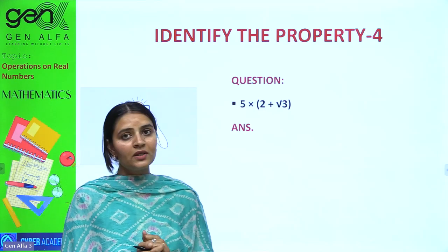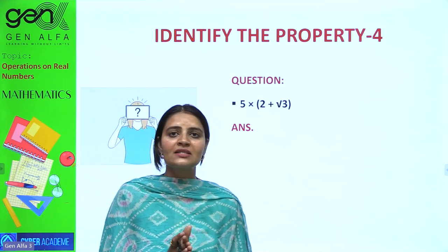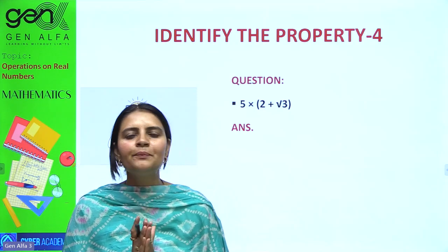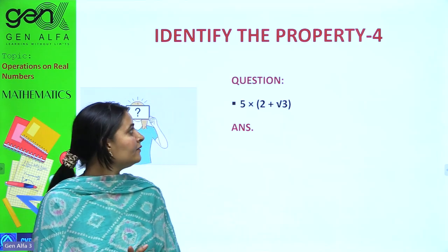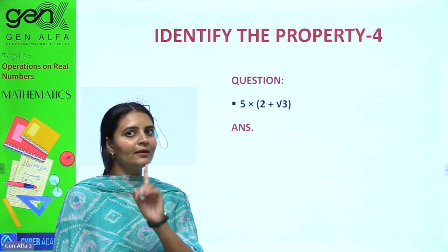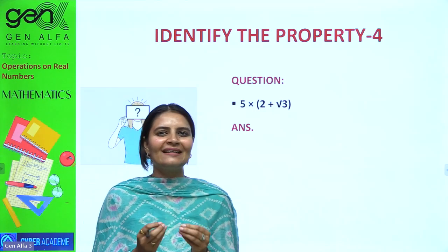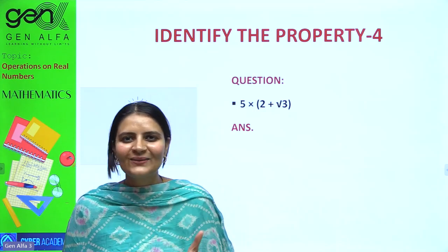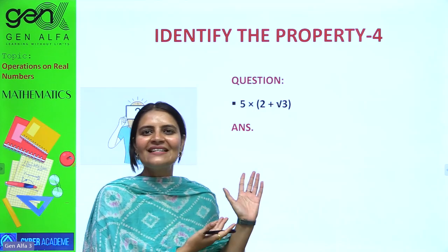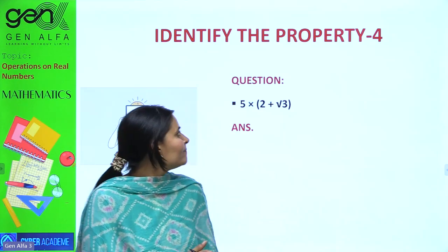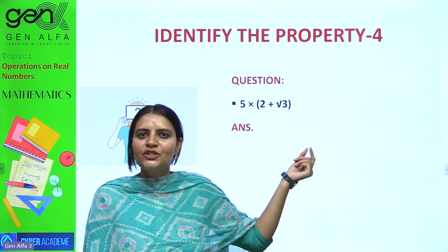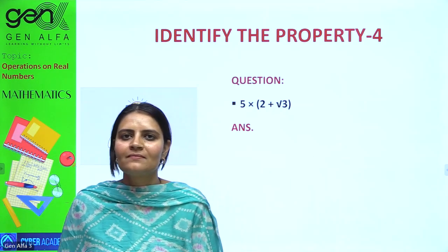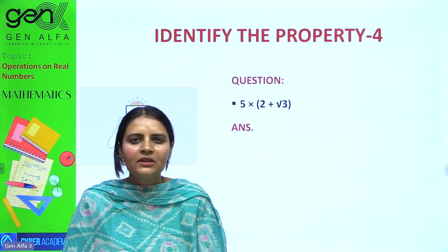Here, the question is popping again. Let's just simplify within 30 seconds. 5, not under root 5. I'm so sorry, I'm just used to these irrational numbers, under root 5, under root 2, under root 3. But here is the simple clean number 5. 5 is getting multiplied with the numbers present under the bracket, 2 plus under root 3. Remember the property.